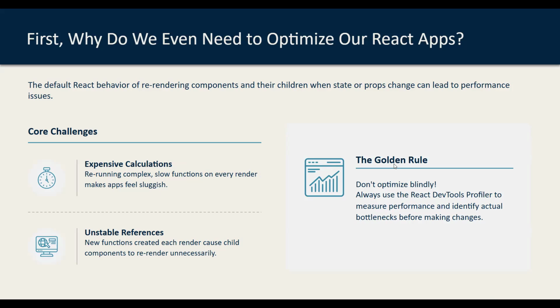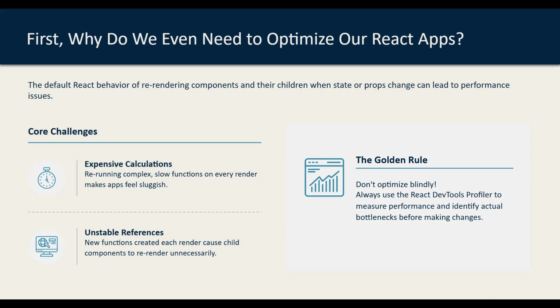But when it comes to larger apps, all that work starts to add up, which ends up being very unnecessary. So the two problems that usually occur in apps like these are expensive calculations, which tend to run on every render, and unstable function references, which cause child components to re-render even when they don't need to.